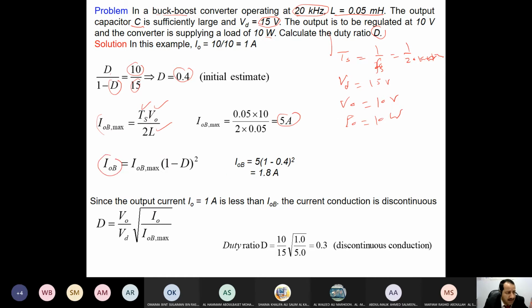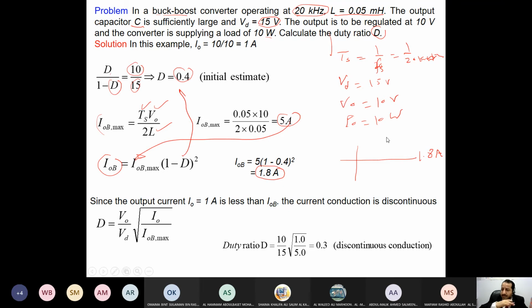And I come to find IO boundary based on this, because I have it here, and D, I have it here. I get the boundary current of 1.8 ampere. Boundary current, as you remember, we discussed it.